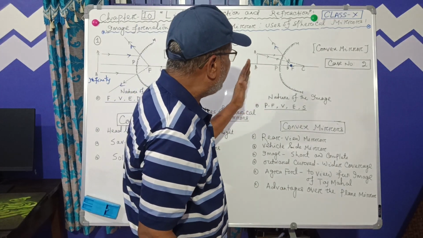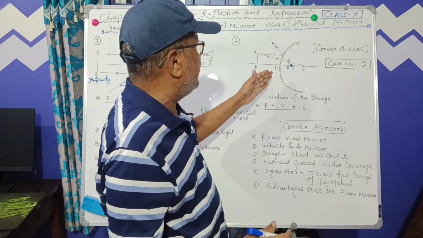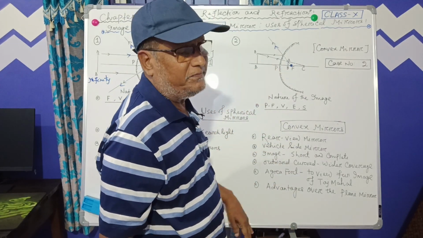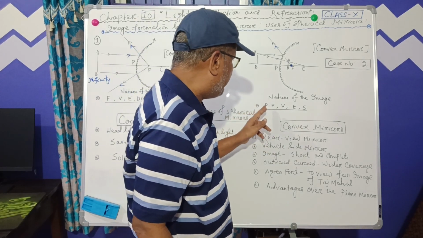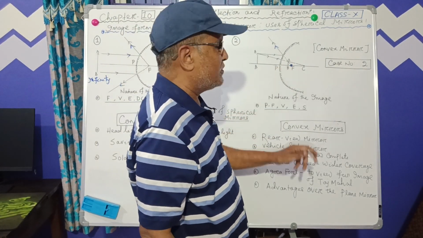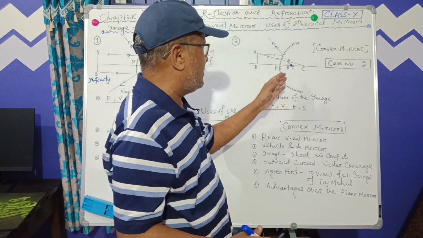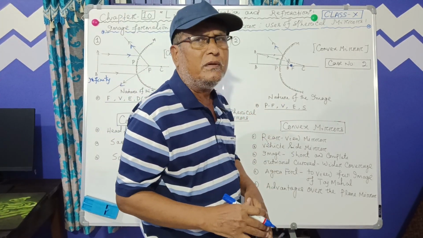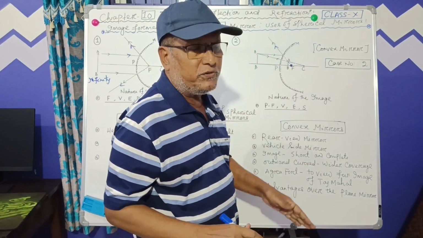So when the object is at a definite or finite distance from the pole, the image is formed between pole and focus. Now you see pole and focus means behind the mirror, that is virtual. So the image is formed behind the mirror, which means it is virtual. We cannot capture the image on the screen.